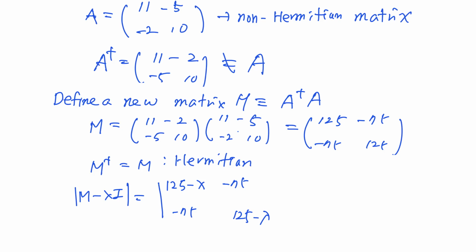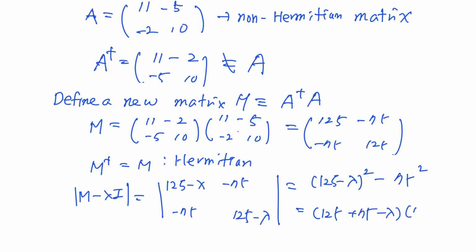So the determinant is (125 minus lambda) squared minus 75 squared. So (125 plus 75 minus lambda)(125 minus 75 minus lambda) is (200 minus lambda)(50 minus lambda), right?